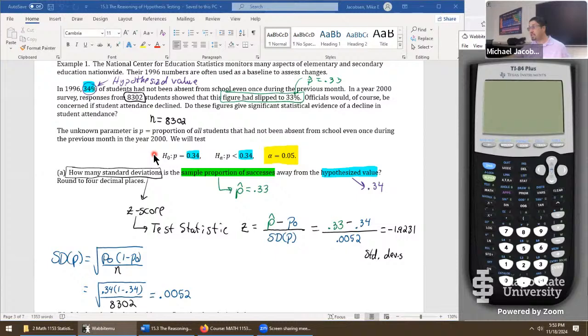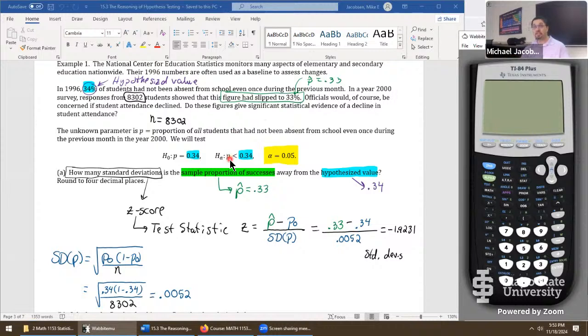So these are the hypotheses that we actually put down in section 15.1. The null hypothesis is the hypothesized value. It's a statement that everything is the same, nothing's changed about the population. Still 34% of students have not been absent at least once in the last 30 days. But we're testing this alternative hypothesis. We found that the sample data had a figure that's slightly less.